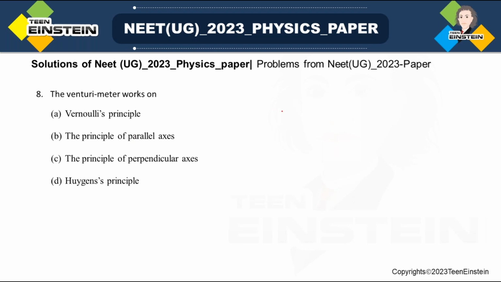Generally there will be a tube, and it looks like this. It has a wide area over here, and then there will be a narrow tube here, and it connects to another wide part.